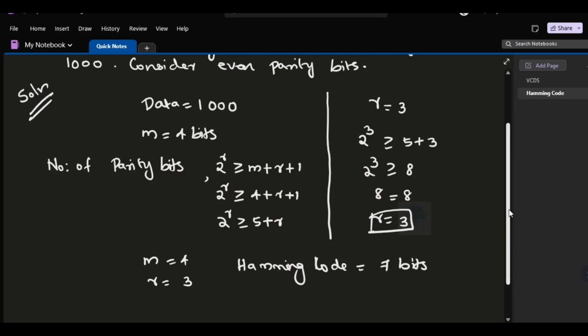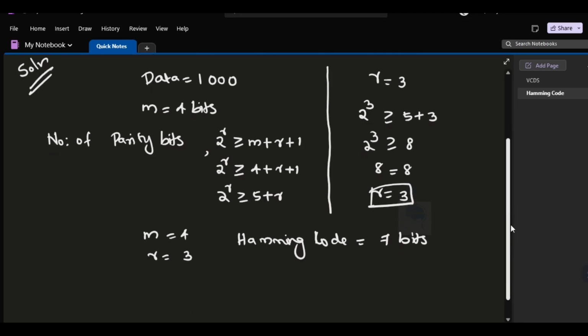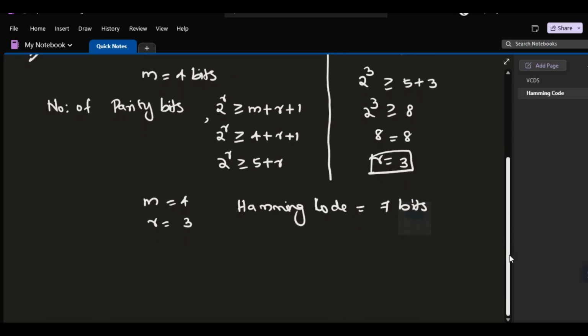We know that 3 parity bits are needed for this Hamming code, but we don't know the position of the parity bits. So the next step is to find the position of the parity bits. We mark the 3 parity bits as P1, P2, P3.